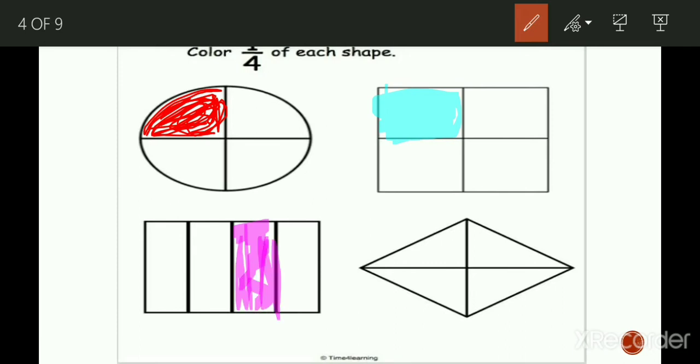So we have 1/4. Same with the next, changing the color. 1/4 I have shaded. So 1/4 means 1 out of 4, which means when a whole is divided into 4 equal parts, each part is called 1/4.